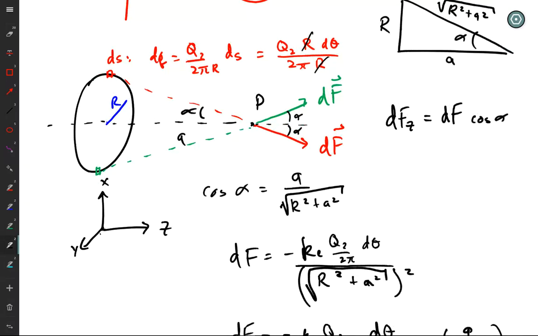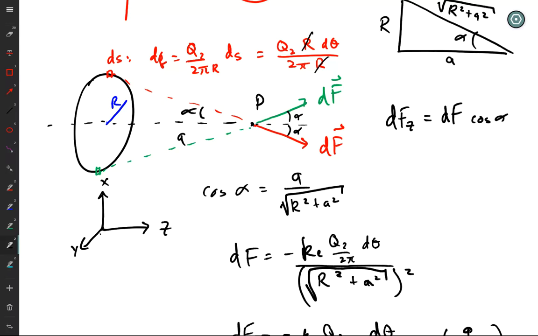Yes, the z component is the amount that's coming out in this direction. The length of this vector is df. And so the component that's in this direction is going to be the adjacent part of a right triangle right here.